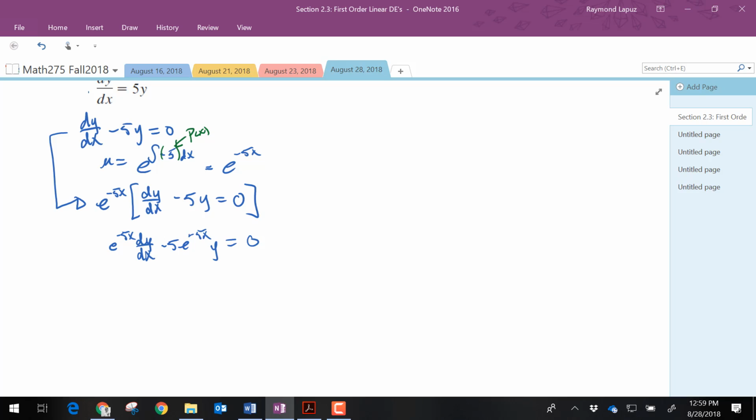What's the first function? e to the -5x. What's the second function? y. Right? So if you can somehow convince yourself that the derivative of this product is equal to that expression right above it, first times the derivative of the second plus the derivative of the first times the second.